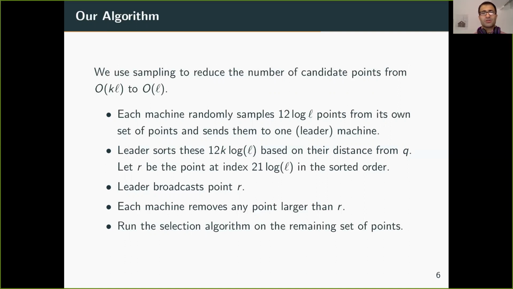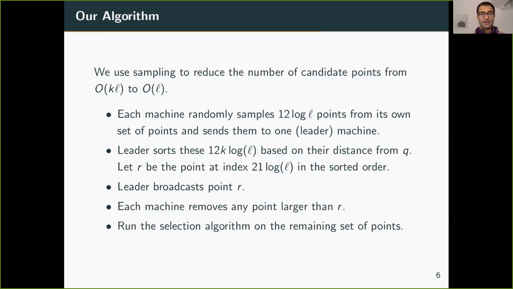So each machine samples 12 log L points from its set of points and sends them to the leader machine. The leader machine collects all of the data, which becomes 12k log L sorted points, and it picks the data at the 21 log L index of those sorted data, and sends it to all machines.